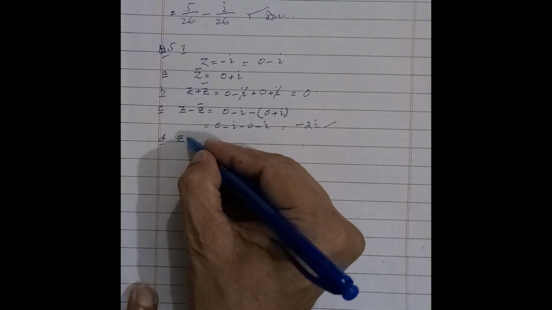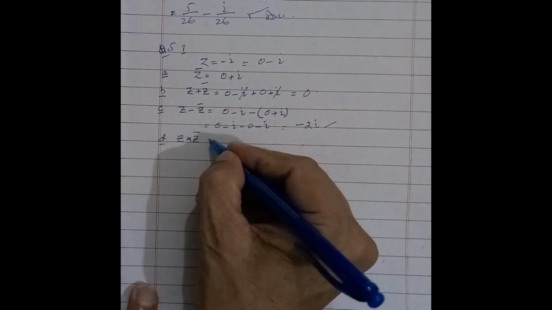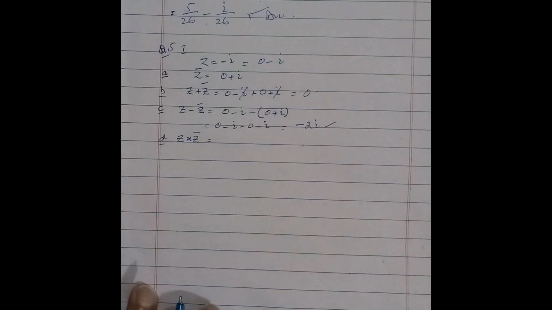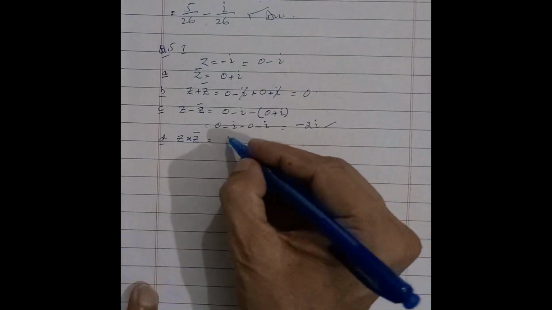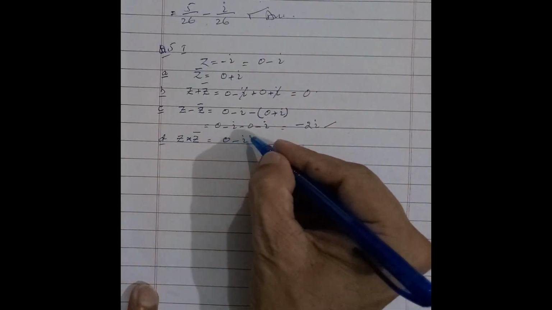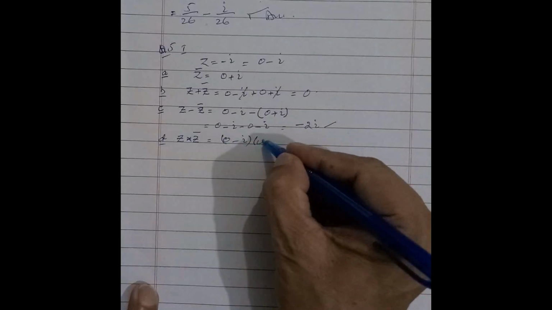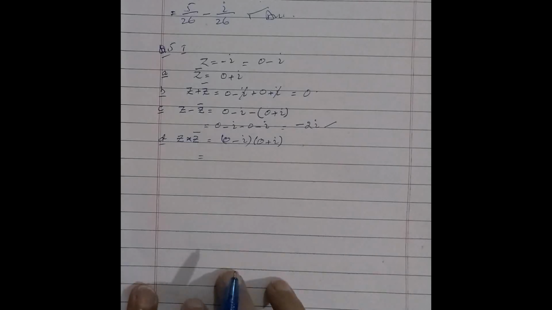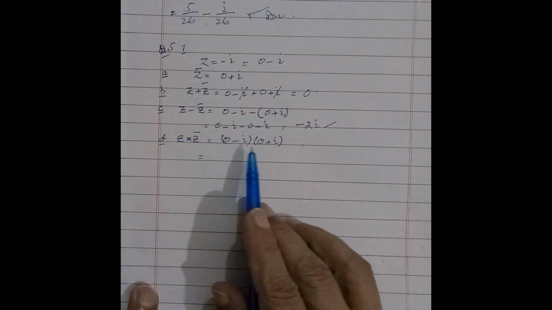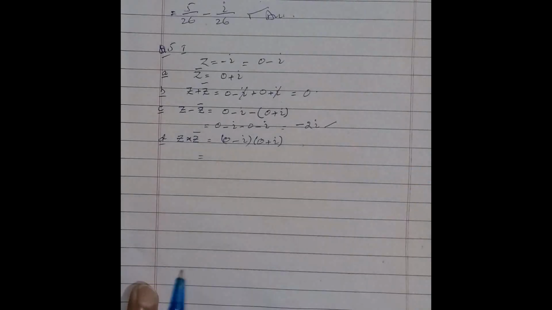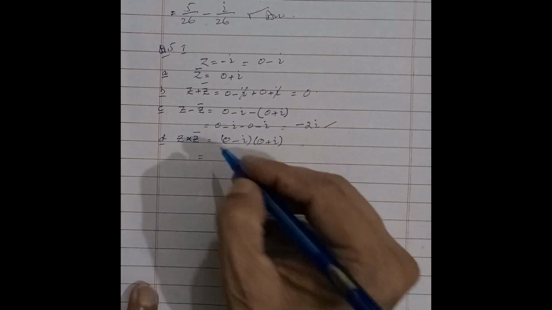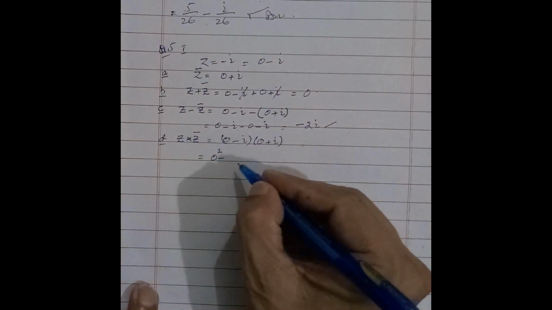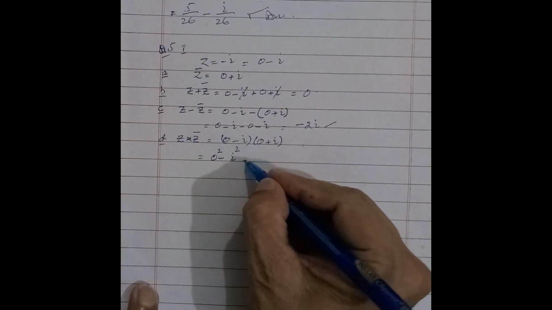And the D is z into z bar, mean complex multiplied by the conjugate of the complex, which is 0 minus iota into 0 plus iota. Here this question is showing a minus b into a plus b. The answer is a square minus b square, which is 0 square minus iota square.